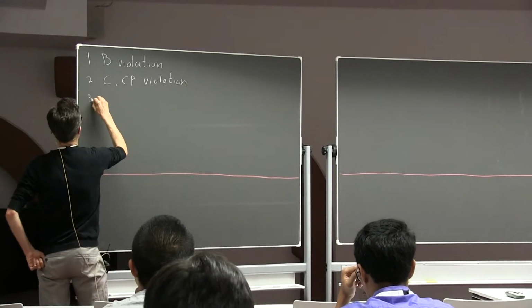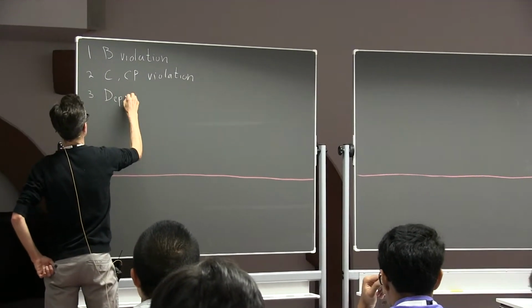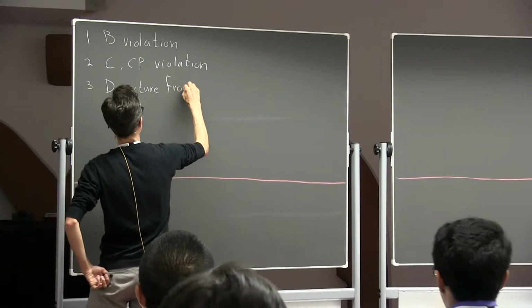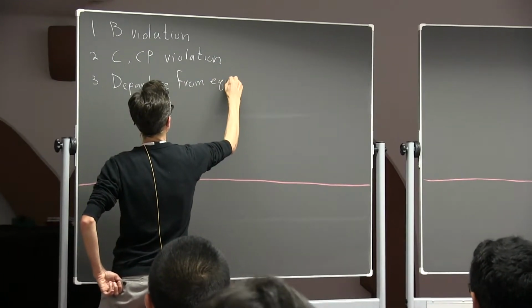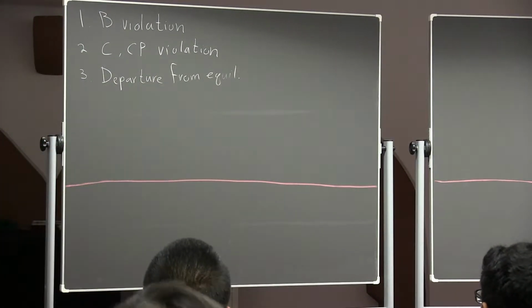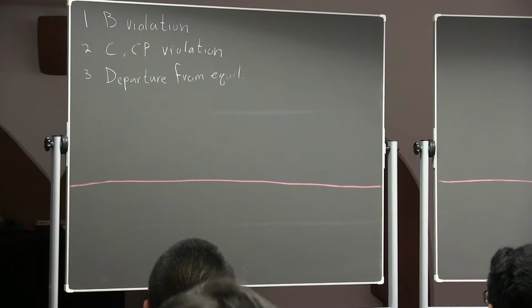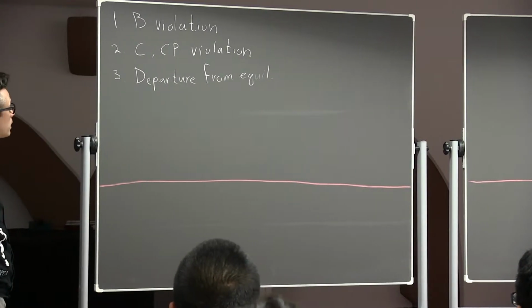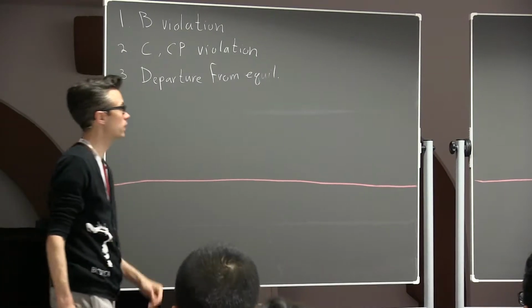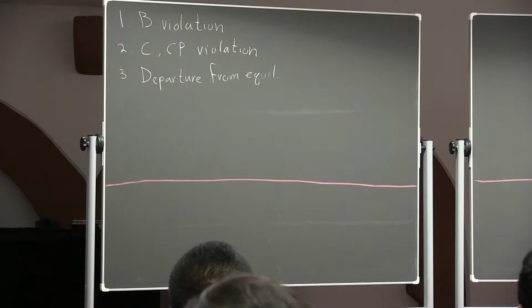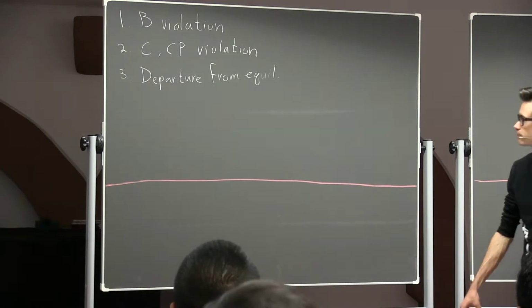And the third is departure from thermodynamic equilibrium in the early universe. I covered baryon number violation in the standard model yesterday, and today I want to get to C and CP violation and departure from equilibrium in the early universe, and then try to illustrate these with a particular mechanism of baryogenesis called leptogenesis.